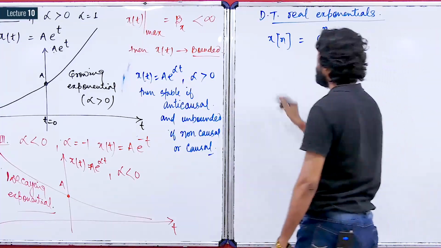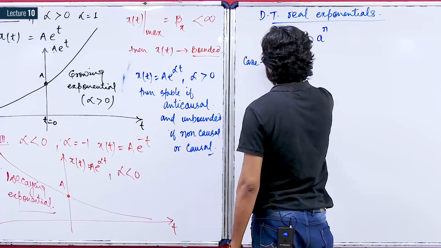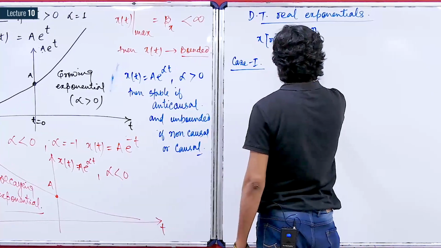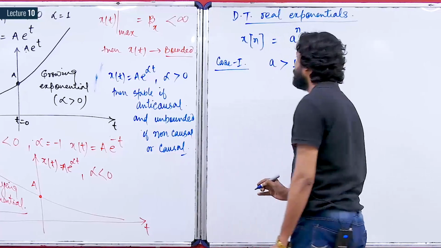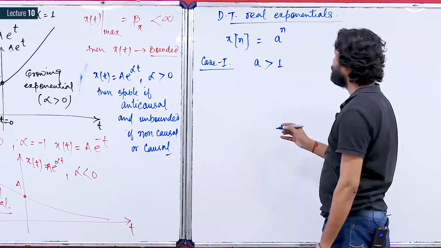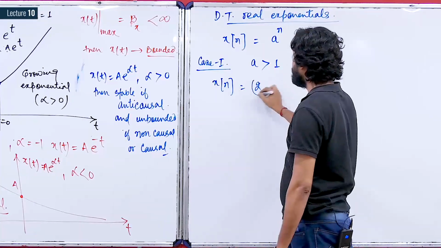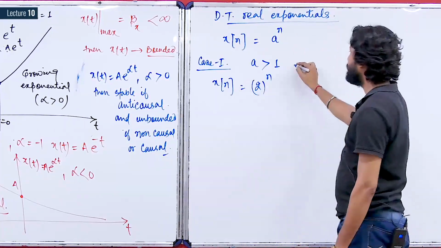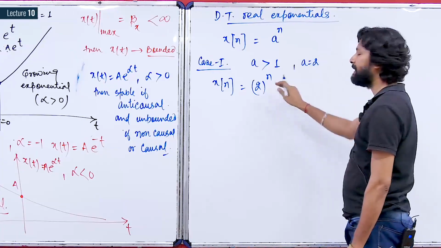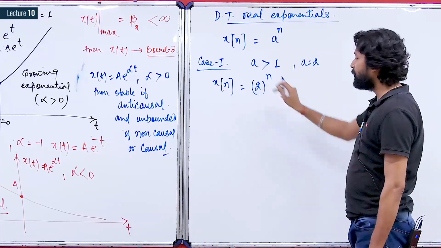Case 1: if we take the value of a greater than 1, say x of n equals 2 to the power n, say a equals 2, that is greater than 1, then this signal will be 2 to the power n.